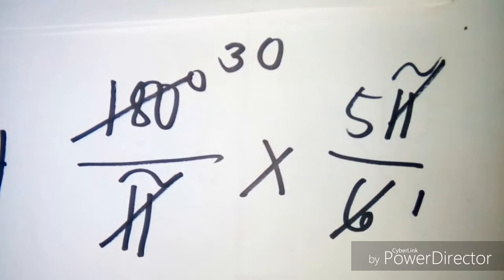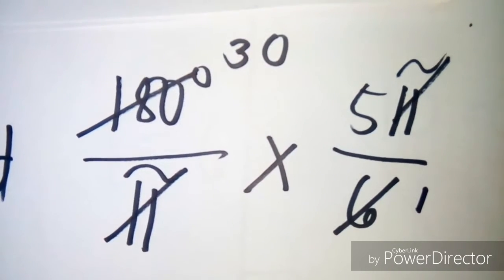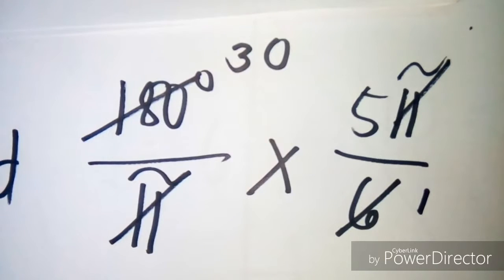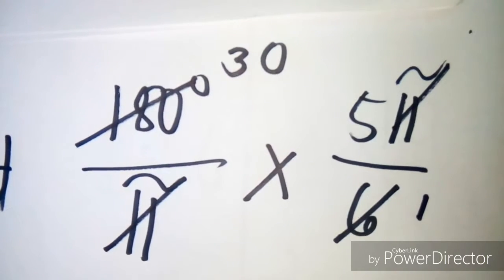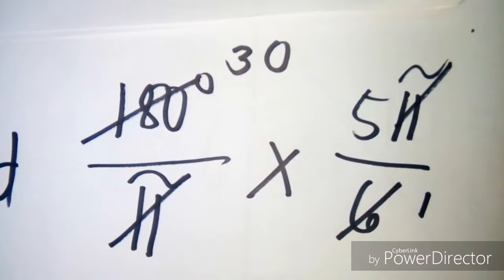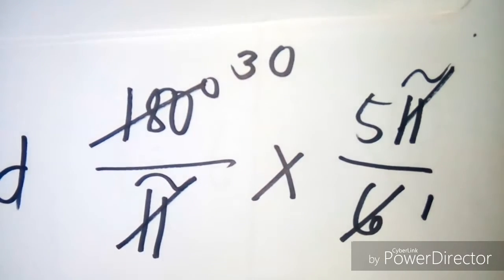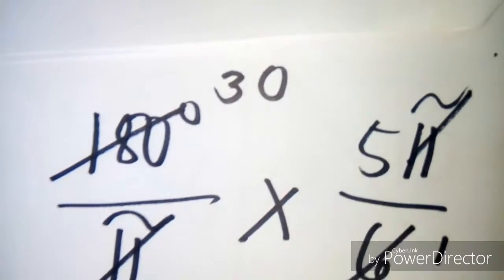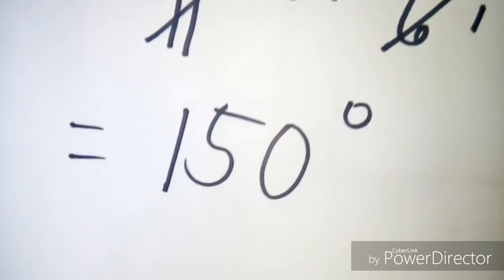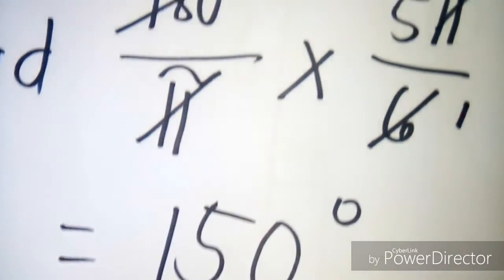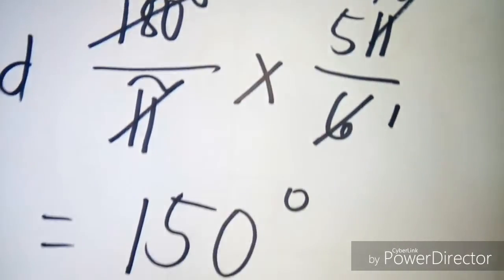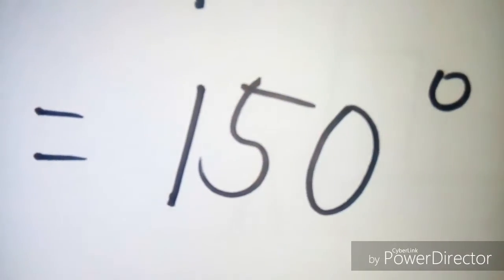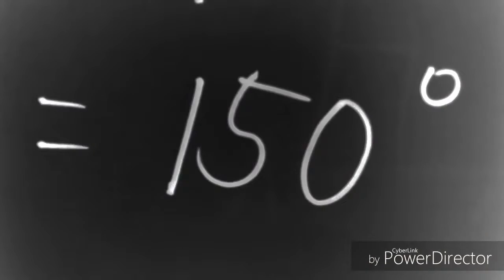Since 180 and 6 have a GCF of 6, 180 divided by 6 equals 30, and 6 divided by 6 is 1. So 30 times 5 equals 150, and 1 times 1 equals 1, or simply 150. And the answer is 150 degrees.